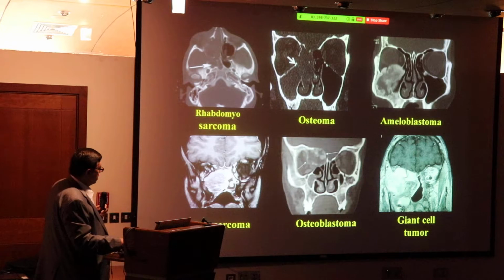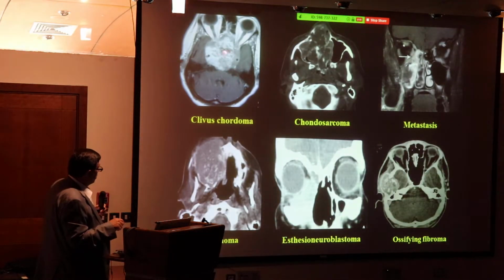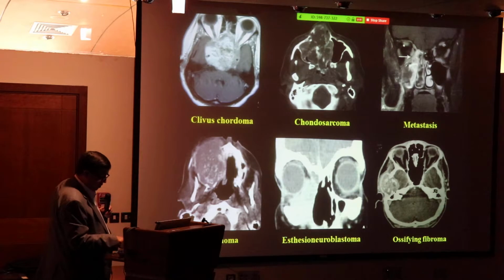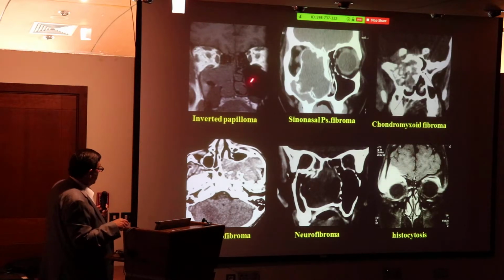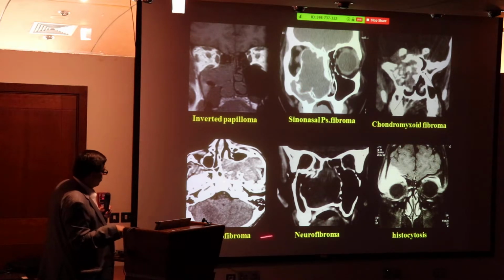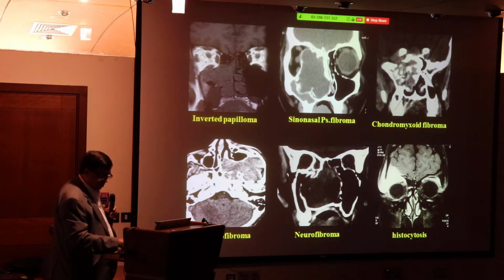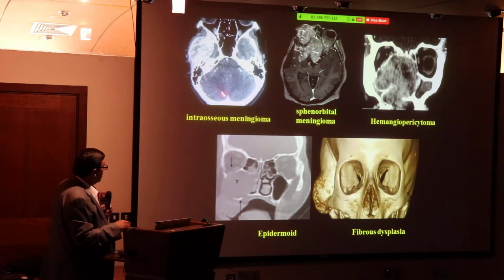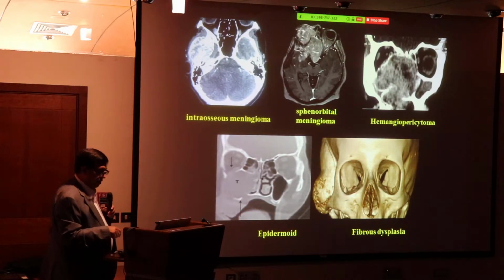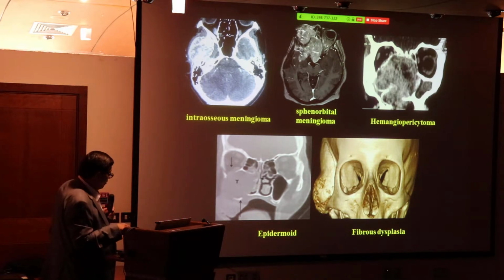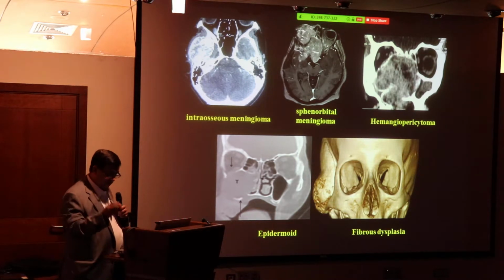Osteosarcoma, osteoblastoma, giant cell tumor, clivus chordoma, one of my cases, chondrosarcoma, metastasis, lymphoma, esthesioneuroblastoma, ossifying fibroma, inverted papilloma, which is the commonest benign tumor of the sinonasal area, sinonasal fibroma, again one of my cases, and angiofibroma, neurofibroma, histiocytosis, etc. Intraosseous meningioma, sphenoorbital meningioma, hemangiopericytoma, epidermoid, fibrous dysplasia. The pathology is very, very wide.